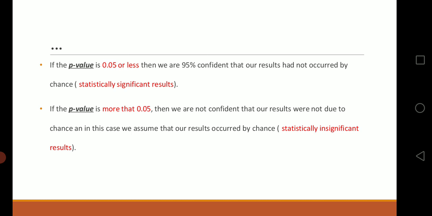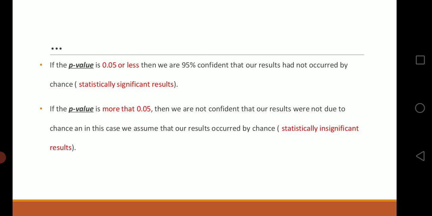If the p-value is 0.05 or less than 0.05, then we are 95% confident that our results had not occurred by chance, meaning that these are statistically significant results.